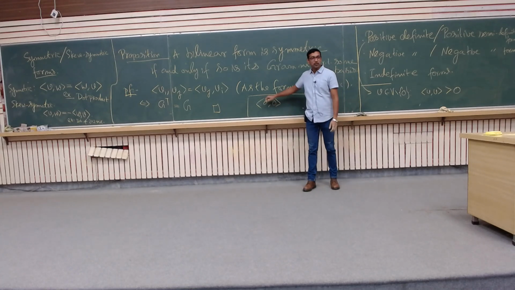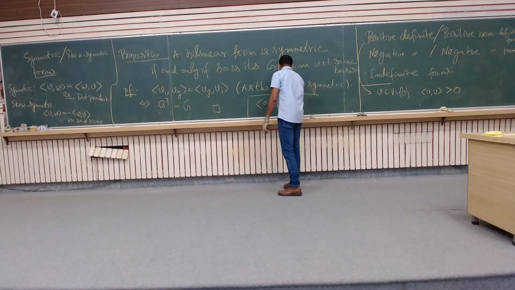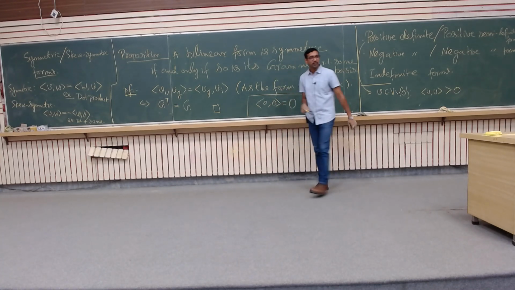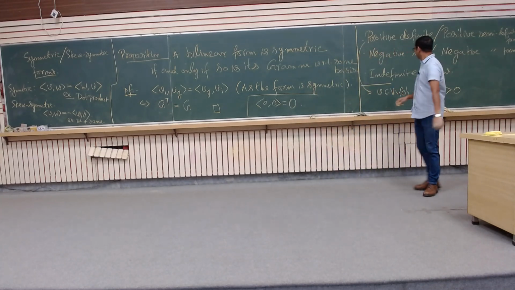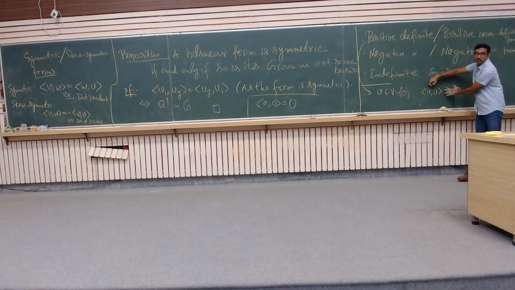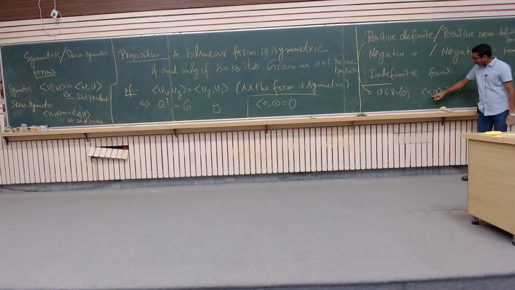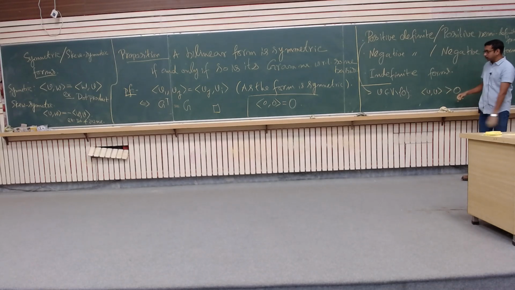You can write 0 as 0 plus 0, and then this will be just the sum of two of them, and you get from there that this is just going to be 0. So for 0, you are getting this to be 0 over all vector spaces and for any bilinear form. Whereas if your bilinear form is such that this is greater than 0, we say the form is positive definite or positive semi-definite.